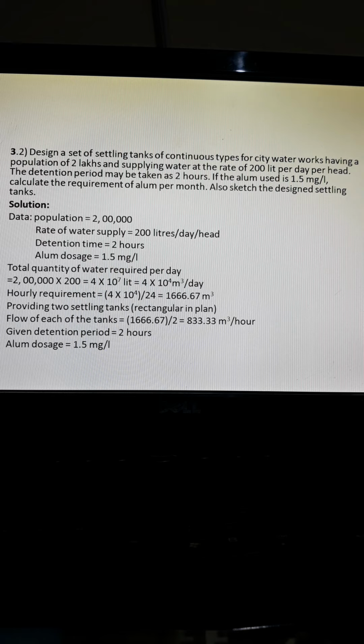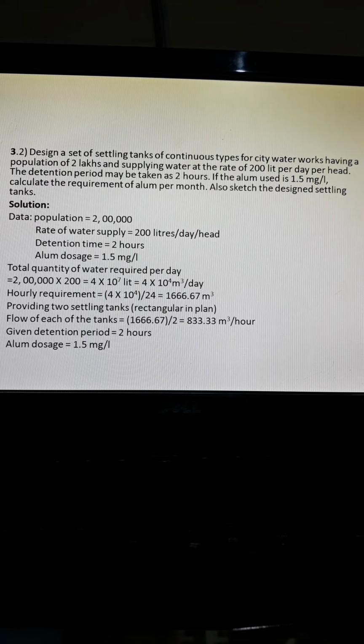Here, the given data: population is 2 lakhs, the rate of water supply is 200 liters per head per day, detention time is 2 hours, alum dosage is 1.5 milligrams per liter. The total quantity of water required per day is the product of the population and the rate of water supply.